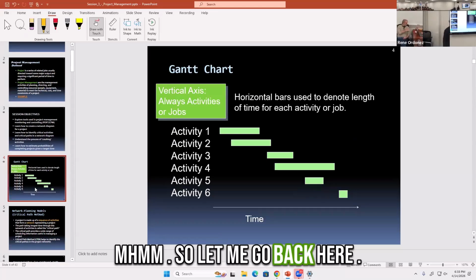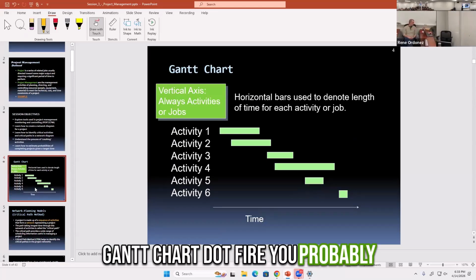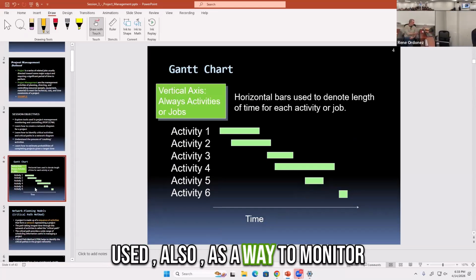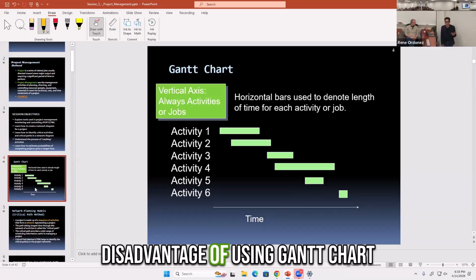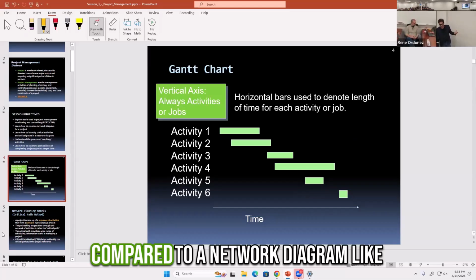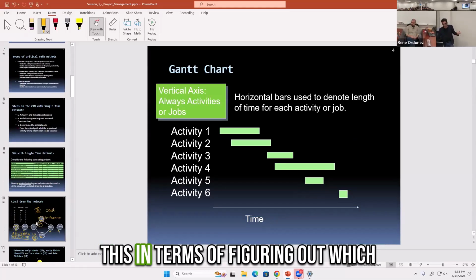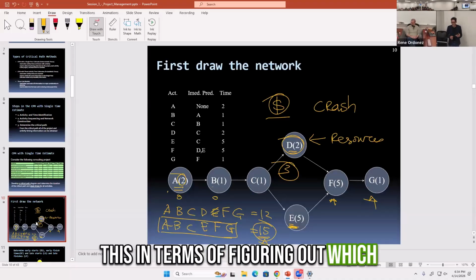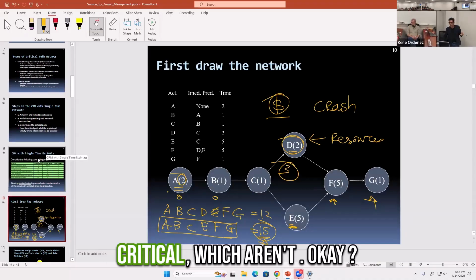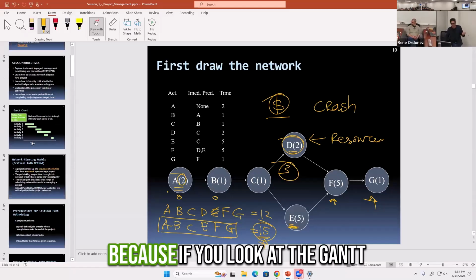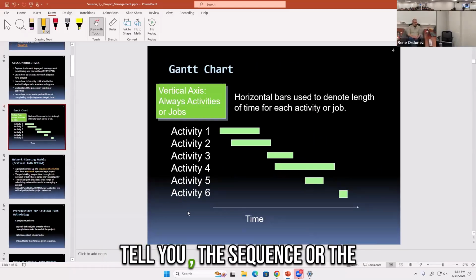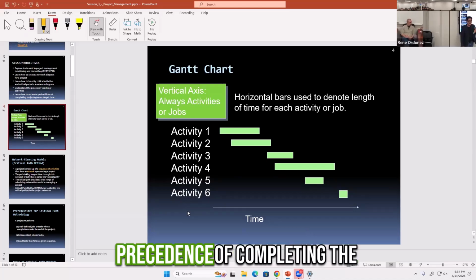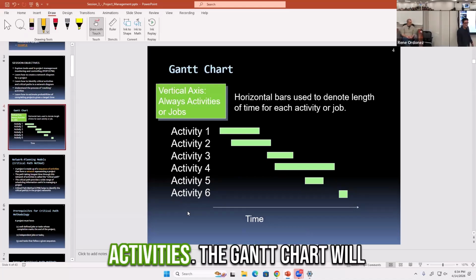So let me go back here. Gantt charts are commonly used also as a way to monitor activities, but there is one disadvantage of using a Gantt chart compared to a network diagram like this in terms of figuring out which activities are critical and which aren't. If you look at the Gantt chart like this, it really does not tell you the sequence or the precedence of completing the activities.